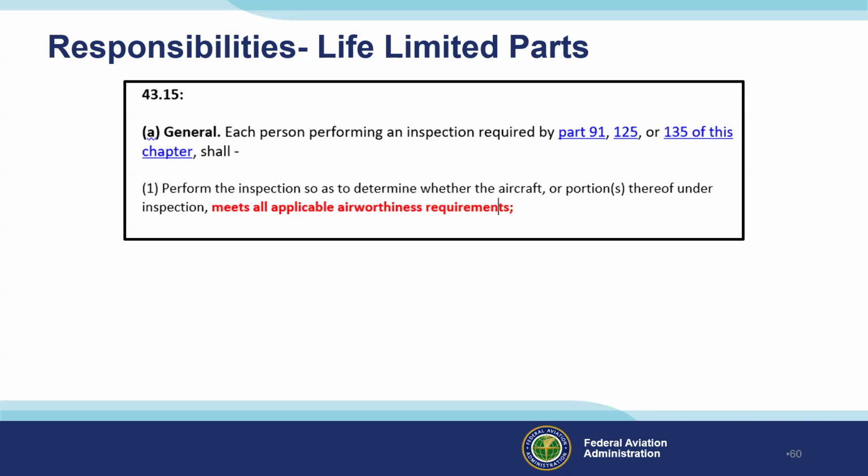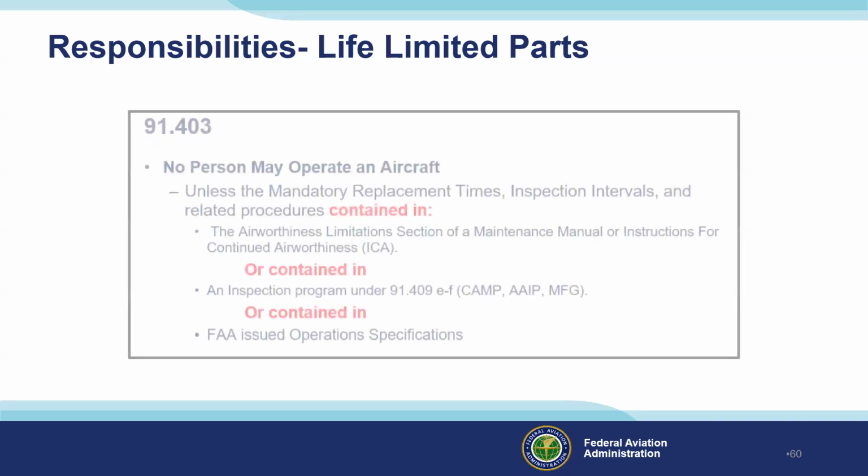So folks performing inspection under 43.15, here's the requirement: perform the inspection so as to determine that the aircraft meets all applicable airworthiness requirements, and this would include life limits.